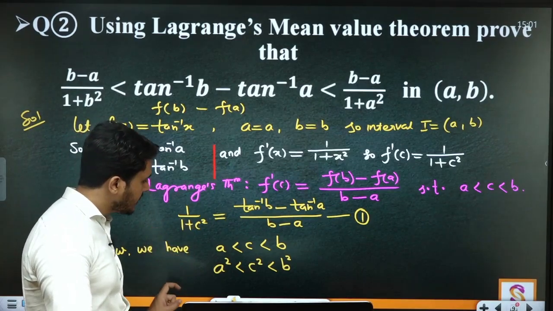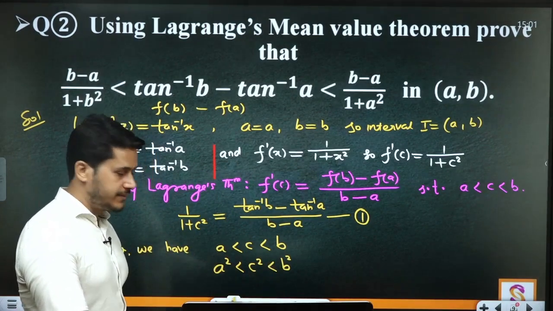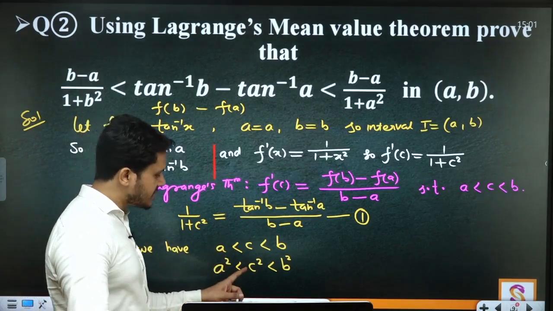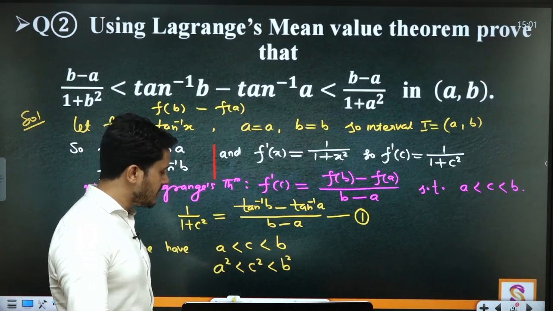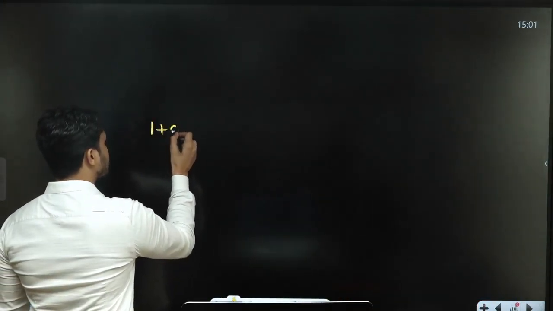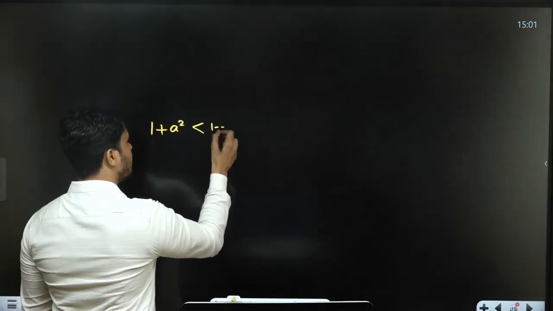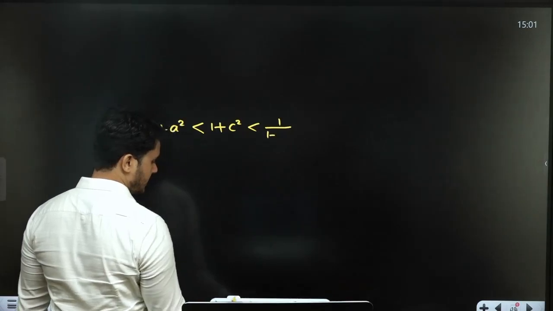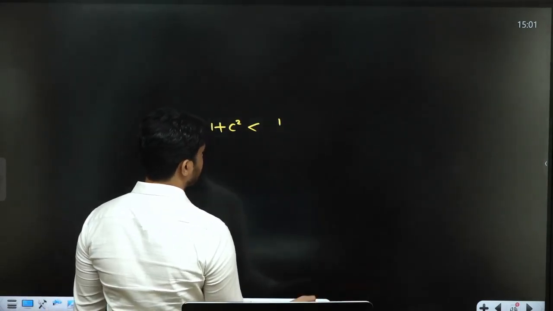After that इस सब में ऐड कीजिए 1 को, 1 plus a square less than 1 plus c square less than 1 plus b square, right?